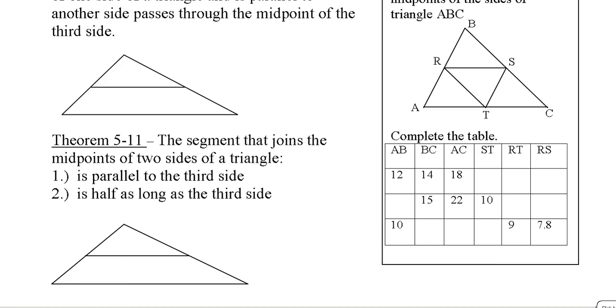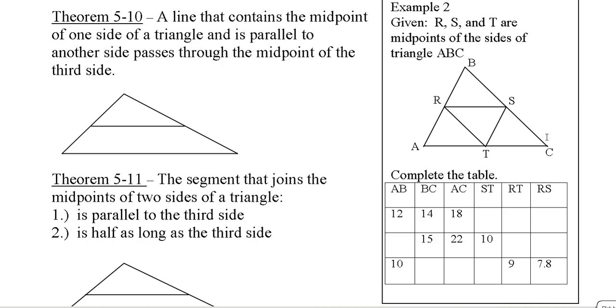So looking at example 2 here, it says given R, S, and T are midpoints of the sides of the triangle. So that means right now we have midpoints. And just like before, if you look, we have RS connects the midpoints of a triangle. So it's half as long as AC, and it's parallel to AC.